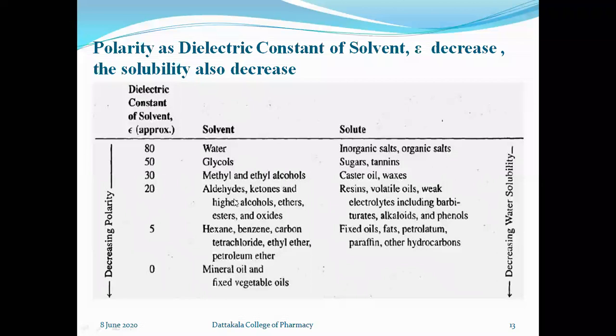Look towards this slide. This slide is indicating the dielectric constant of the solvent. The dielectric constant of water is 80, glycols 50, methyl and ethyl alcohol it is 30. These are mentioned approximately, and here different types of solute are mentioned.